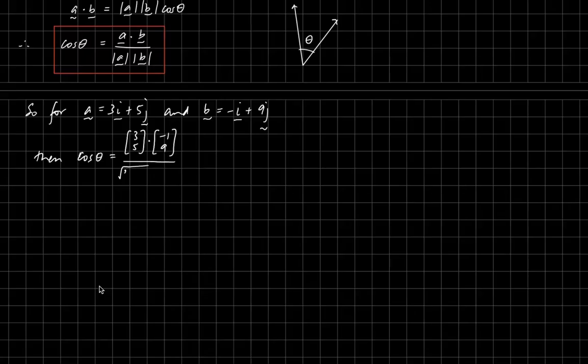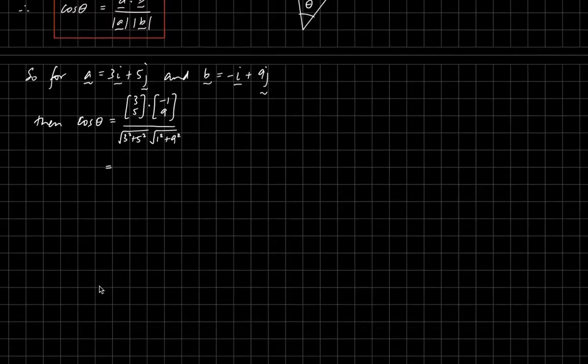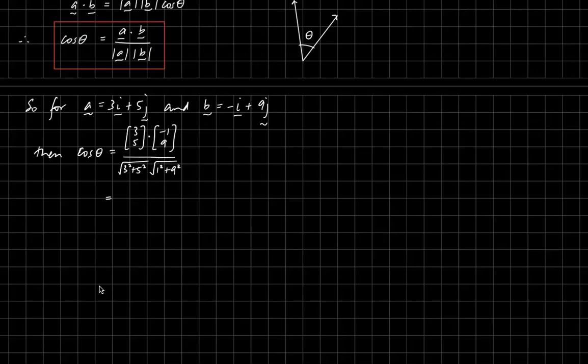Let's say the square root of 3 squared plus 5 squared, and then the square root of 1 squared plus 9 squared is going to be the magnitude of the second one. So that's just using that rearranged expression in the red box above.